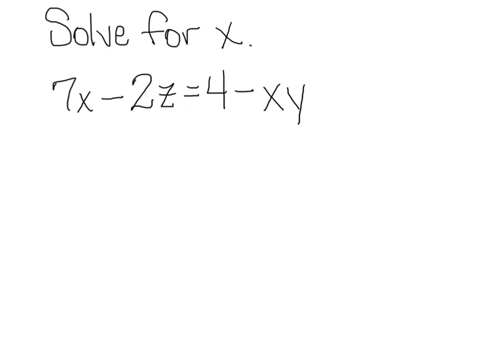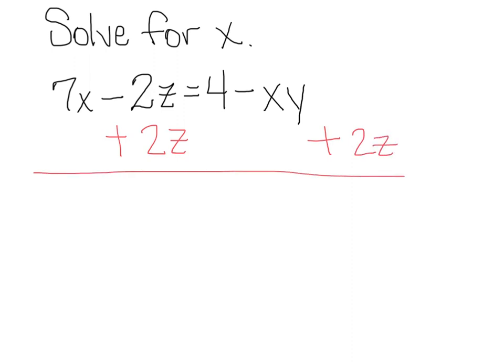Let's start that by, since this x has a coefficient of 7, which is larger than the coefficient of the other term with x in it, moving this minus 2x opposite, adding 2z to both sides.